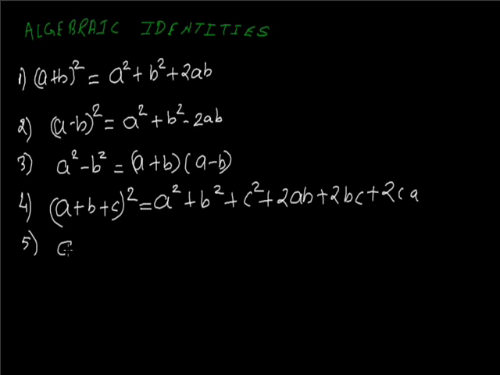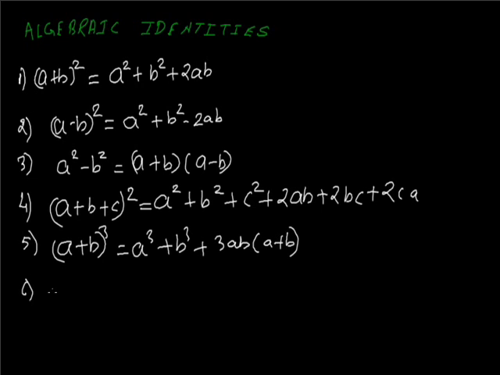Fifth, a plus b whole cube is equal to a cube plus b cube plus 3ab in bracket a plus b.